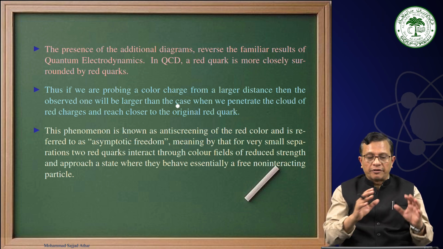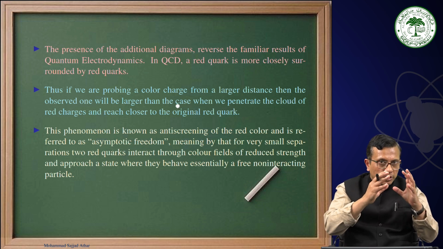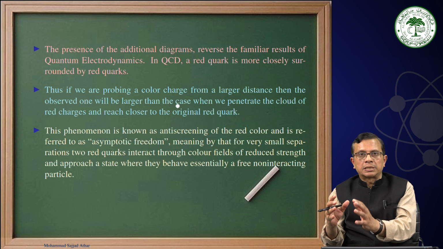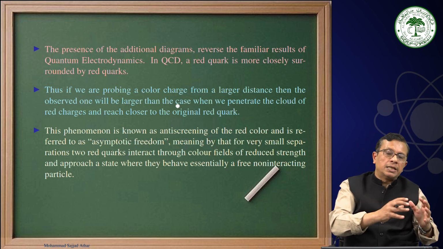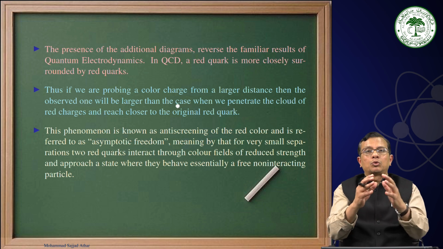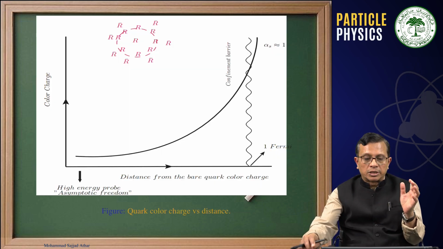non-interacting particles. Therefore, there is a big difference between the picture of quantum electrodynamics and the picture of quantum chromodynamics. In the earlier case, when we started this lecture, we talked about quark confinement, and here we are talking about asymptotic freedom.